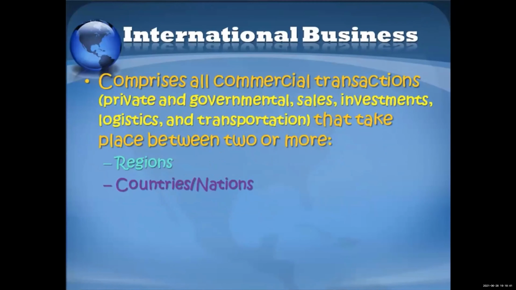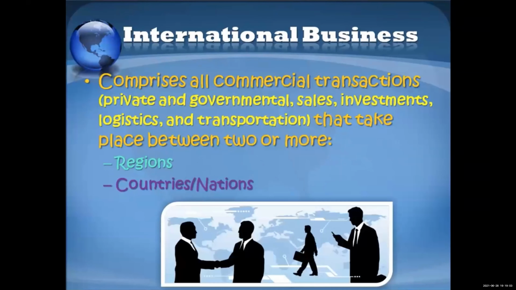They'll sell their goods across borders. Investments take place over borders, right? Logistics, traveling or getting goods and services and resources to and from businesses, again, across borders. And transportation, again, often takes the form traveling across borders. And so as soon as that happens, businesses all of a sudden become international businesses. Very, very simple.